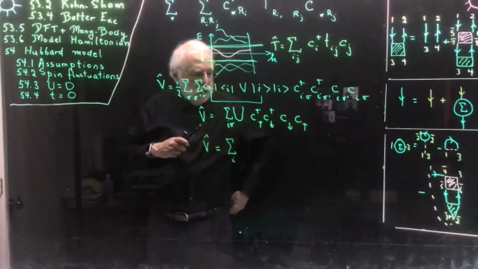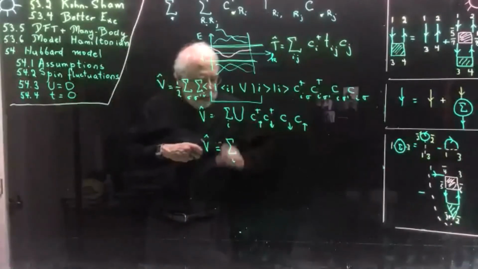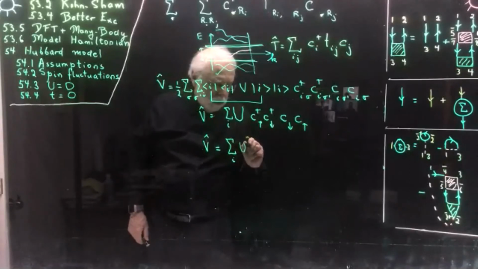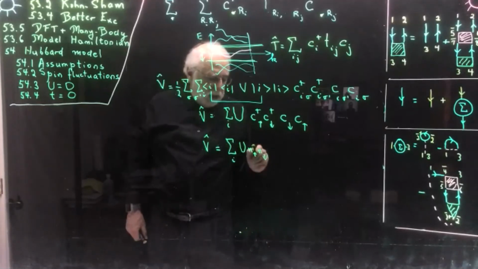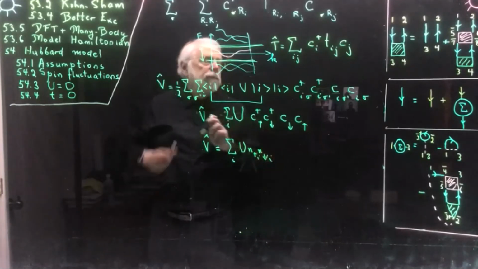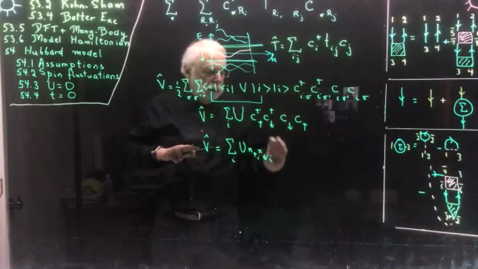I don't have the sum over sigma anymore. And I have U n up n down at i. So the sum of these two terms is the Hubbard model.